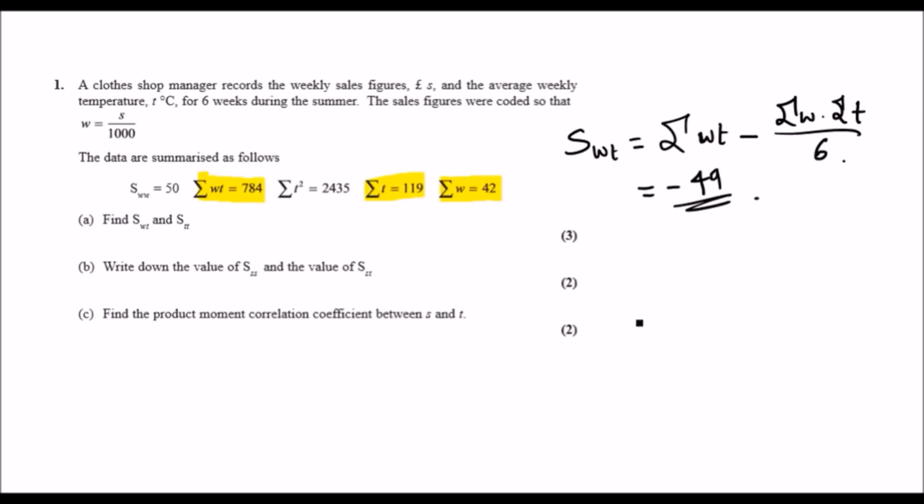Now, as for the second one, STT, I might just do it up here, save some space. It's going to be similar, so it will be the sum of T squared minus the sum of T times the sum of T, or you can write the sum of T, squared, over 6.